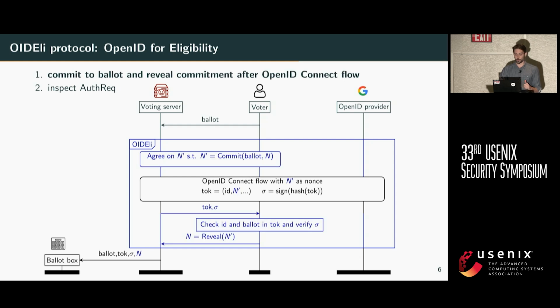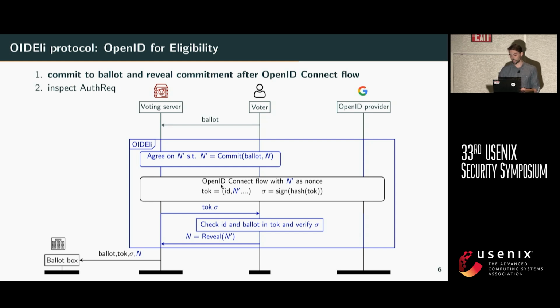So first, to give back control to the voter on when a ballot is validated, we're going to let the voter commit to the ballot before the OpenID flow and use the commitment value, nonce prime, as nonce for the OpenID flow.